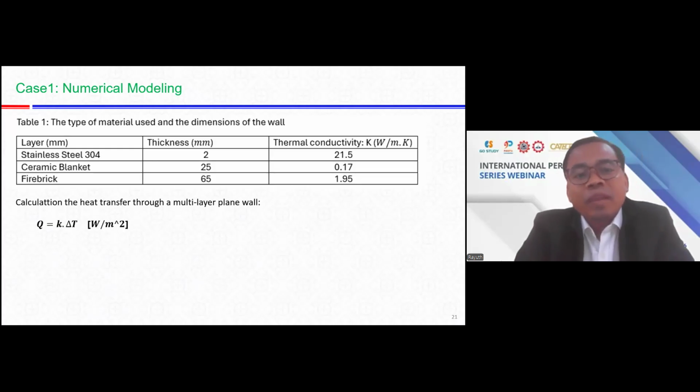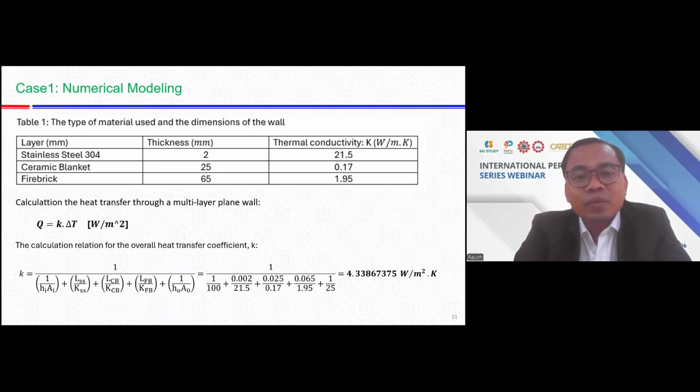So, to the mathematics. To calculate heat transfer through the multi-layer, Q equals K multiplied by the temperature difference delta T. So we have to find K first, the overall heat transfer coefficient K. The formula is 1 over the sum of the layer terms and the convection coefficient terms.